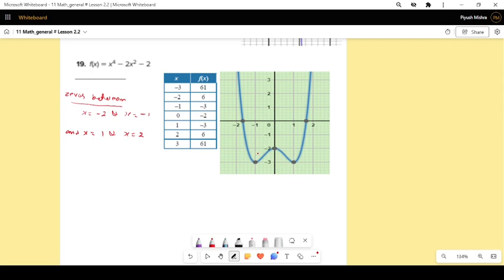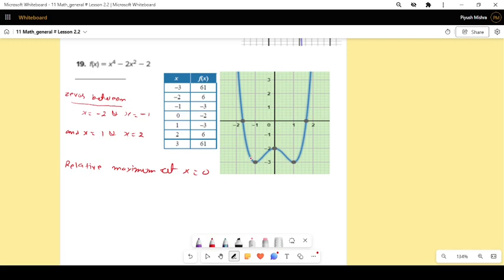After the zeros, I can find the relative maxima and relative minima. Let's start with the relative maxima. You can see that compared to these two, this is the maximum. It is coming at x is equal to 0. So you will say relative maximum at x is equal to 0.